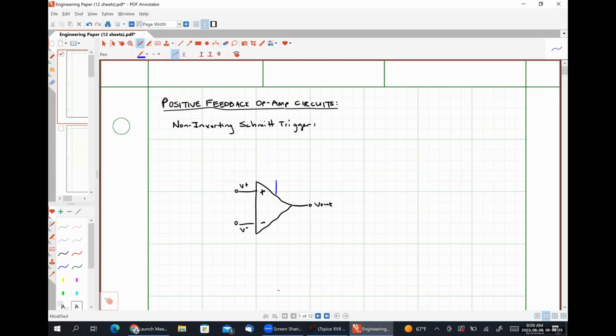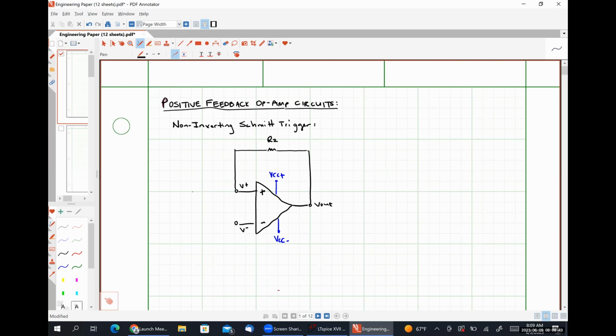Again, we're going to have our supply voltages, VCC plus and VCC minus. As I mentioned a moment ago, we are going to have positive feedback. So I'm going to place a resistor, which I'm going to call R2, between the non-inverting input terminal and the output terminal.